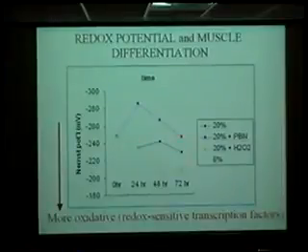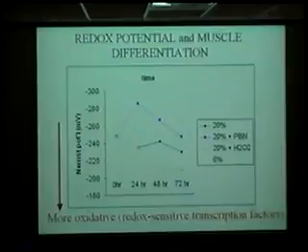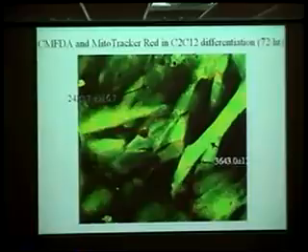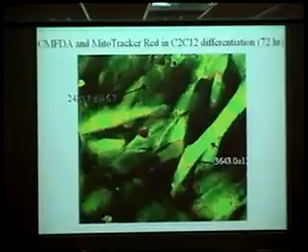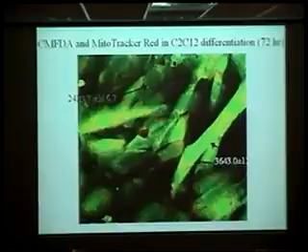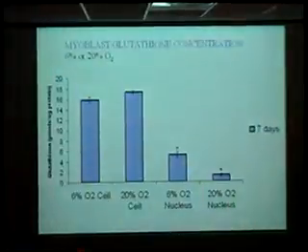And when you look at the degree of muscle differentiation, it really follows this pattern. So if you stay in a reduced state, muscle differentiation is favored. If you have a redox state that's oxidized, muscle differentiation is blunted. And at the same time, glutathione, which you need to, again, react to reactive oxygen species, is decreased in our highly oxidized conditions.